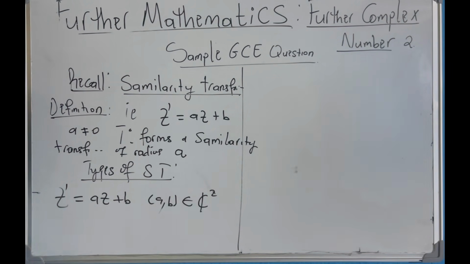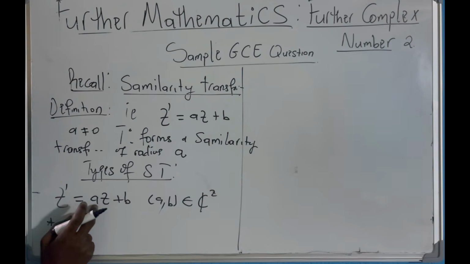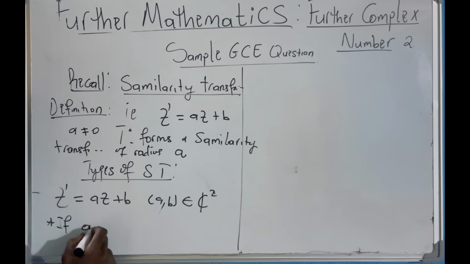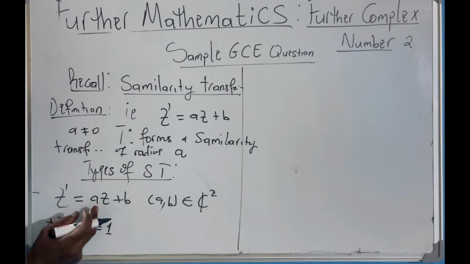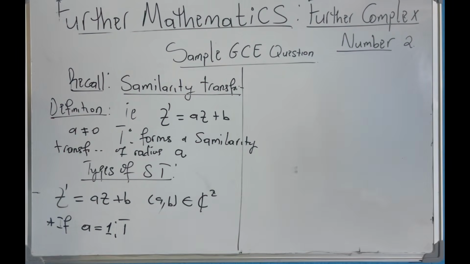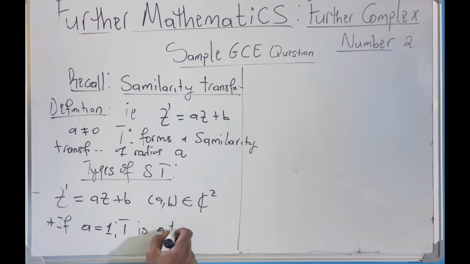Now, for us to come out with the geometrical interpretation, the types of similarity transformation, what are we supposed to do here? The first condition is to see the value of a. If a equals 1, if the coefficient multiplying our object is 1, it means that T is a translation.